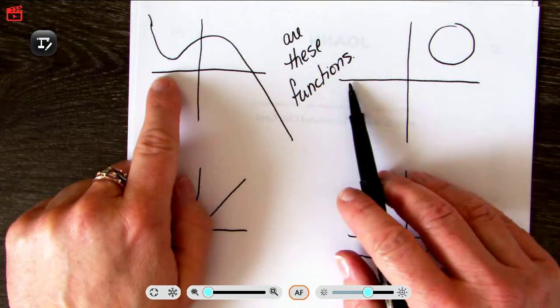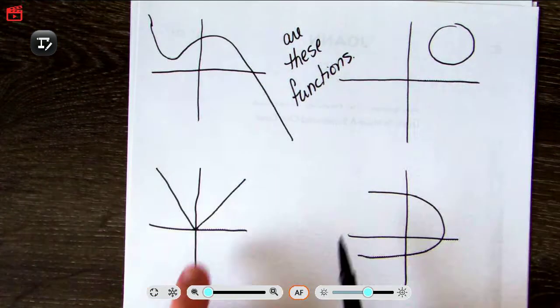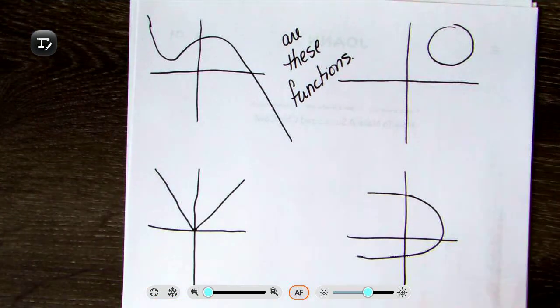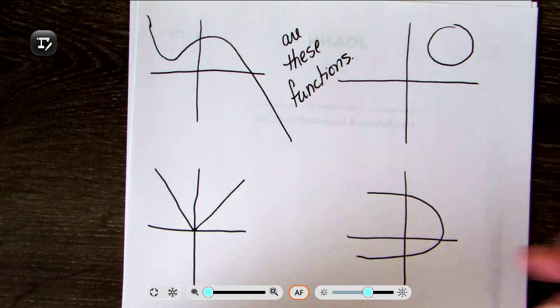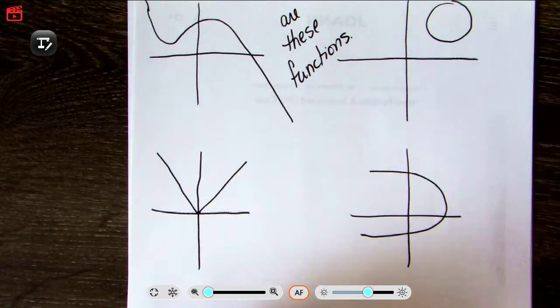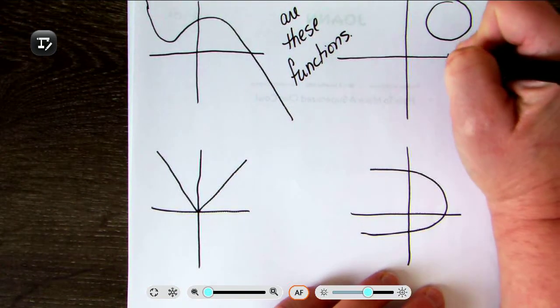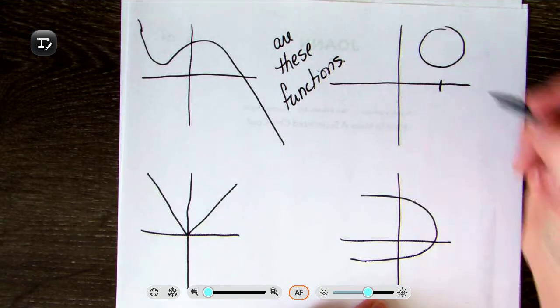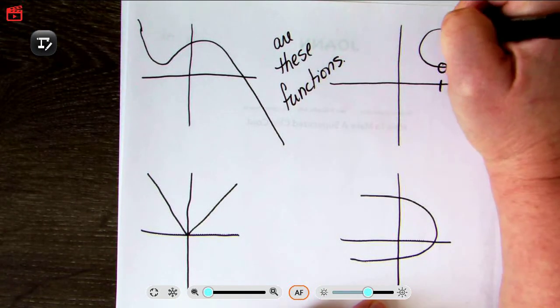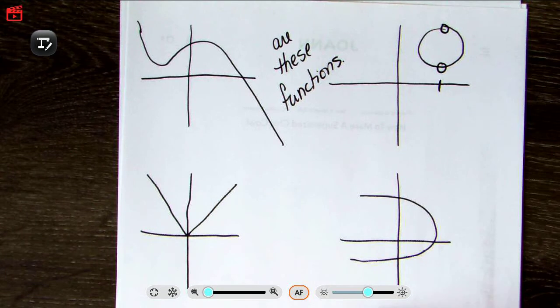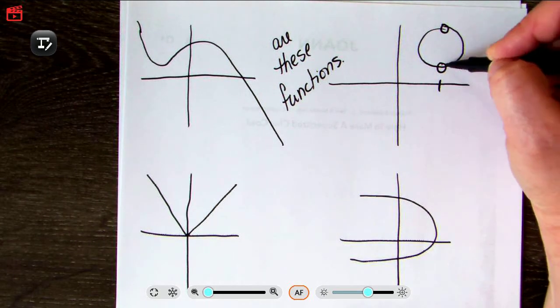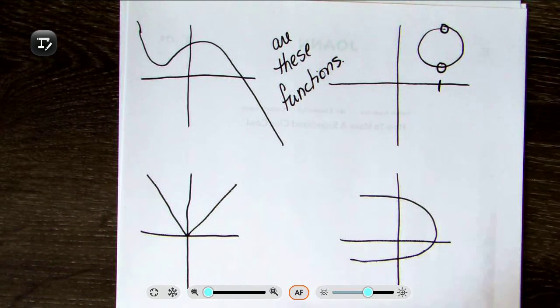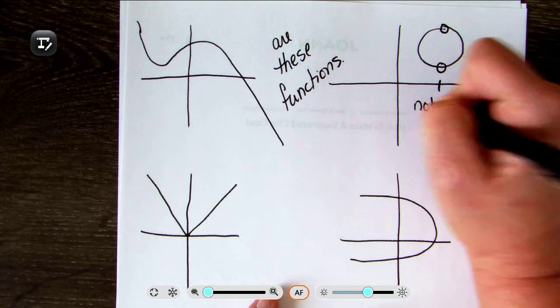So our inputs are all these x values. Do we get one output? So in other words, if we have like this one, here's an input. My output here and here. Those are the values that came out of that expression. Since this input has more than one output, this is not a function.